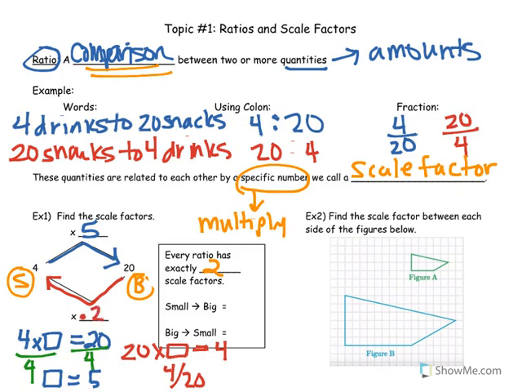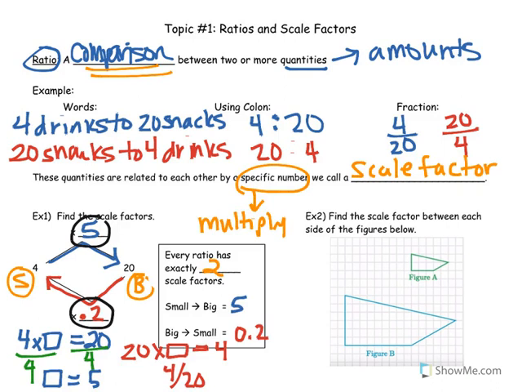Now, I really want to focus in on these two numbers here. Okay? Those two numbers are my scale factors. Those are the numbers that relate 4 to 20 and 20 to 4. Now, the scale factor from small to big was 5. And the scale factor from big to small was 0.2.